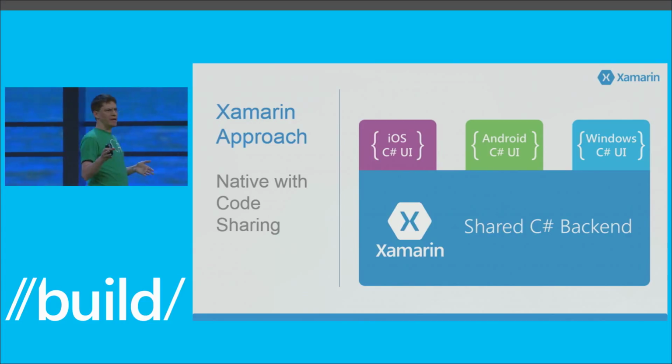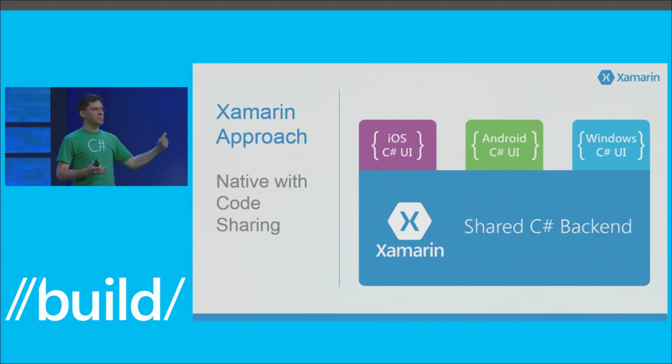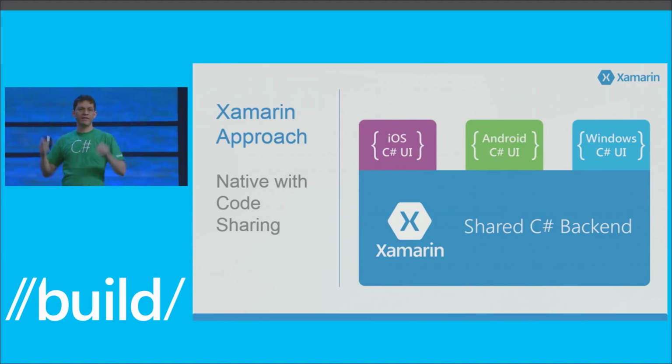We'll talk a little bit about the approaches you can take here. Then you use C# to build an iOS app. You use C# with our iOS API, C# with Android APIs, or C# with Windows APIs to create native experiences everywhere.